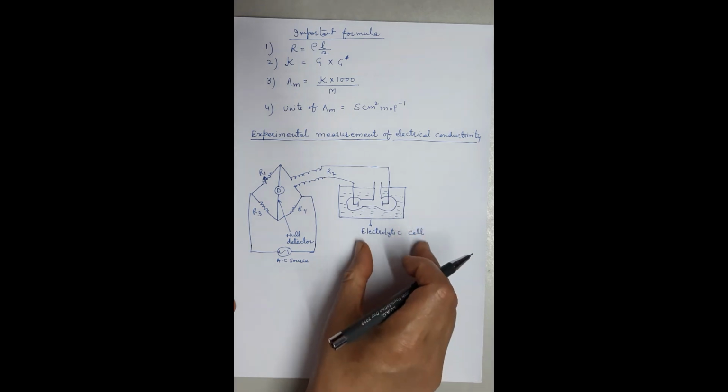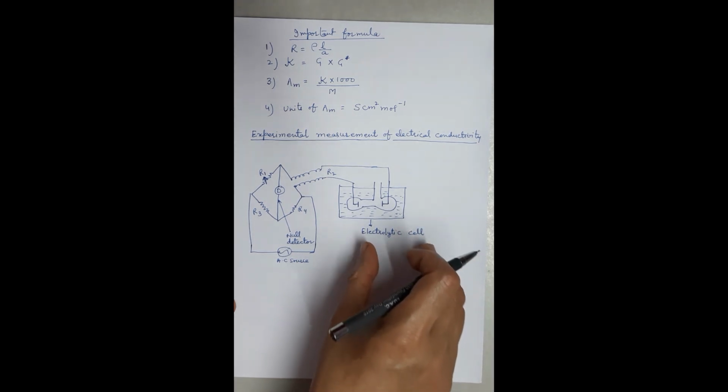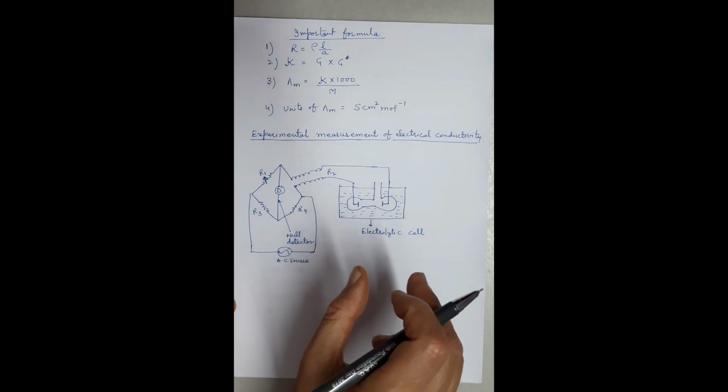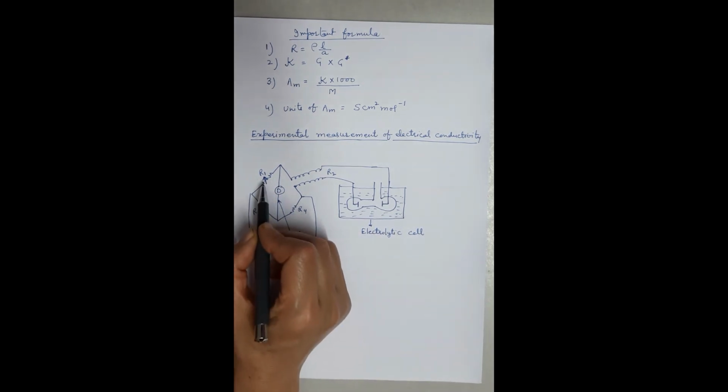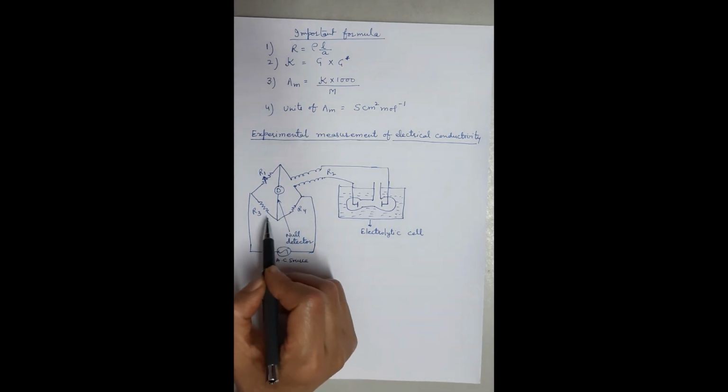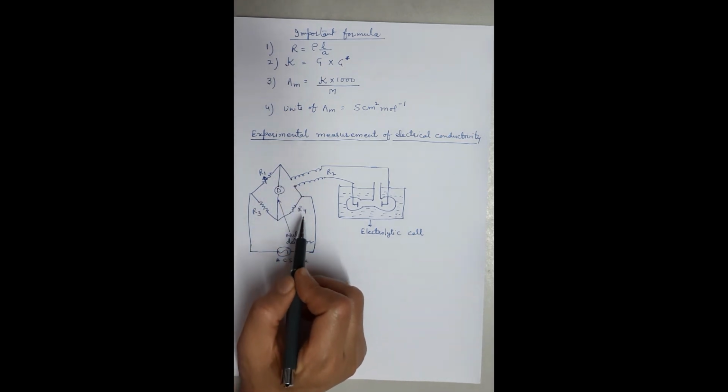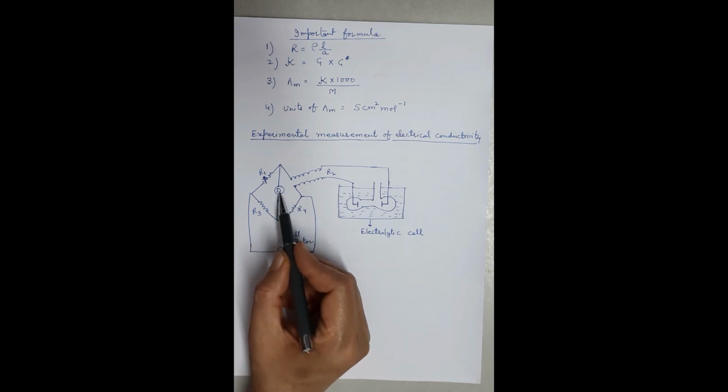So we want to measure the resistance of this electrolytic cell. These two are fixed and this is variable. These resistances are adjusted in such a way so that you get a zero value in the galvanometer.